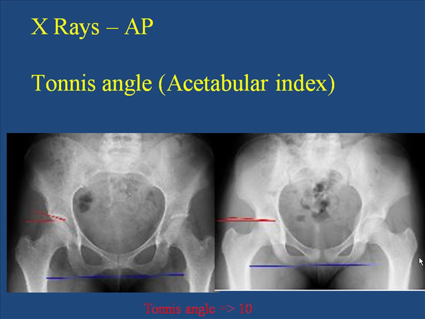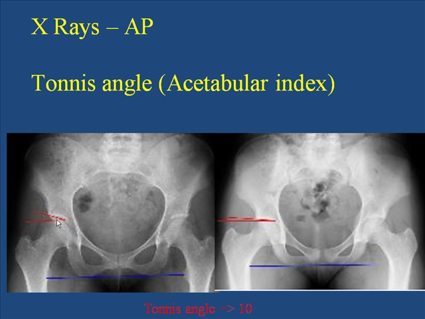There's another angle, what we call the acetabular index or Tonnis angle, which shows how vertical or how horizontal the sourcil is. The sourcil basically indicates the cartilage underneath, or shows the alignment of the cartilage underneath, and we know the cartilage is very strong in compression but weak for shear forces.